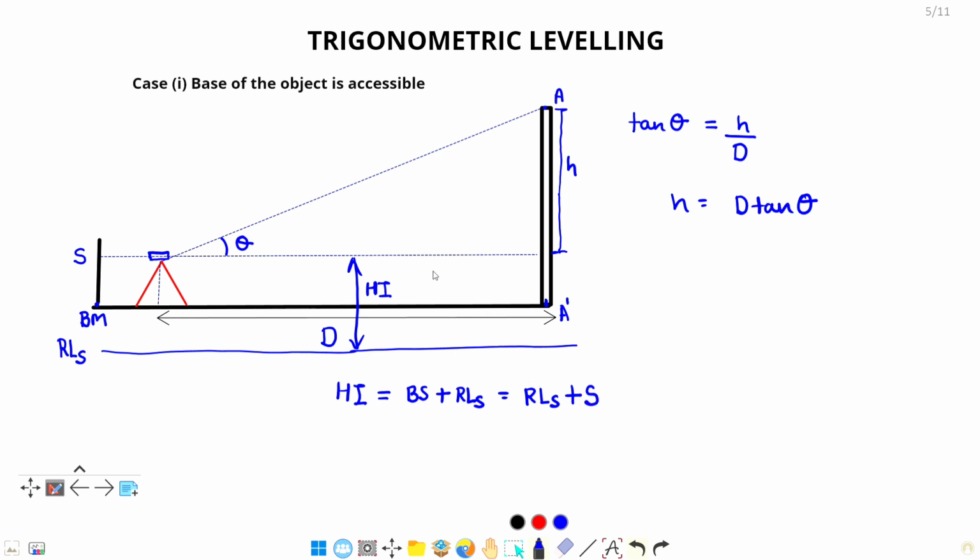Now we know that point A is h distance above this line of sight. This is our line of sight, and A is h distance above the line of sight.